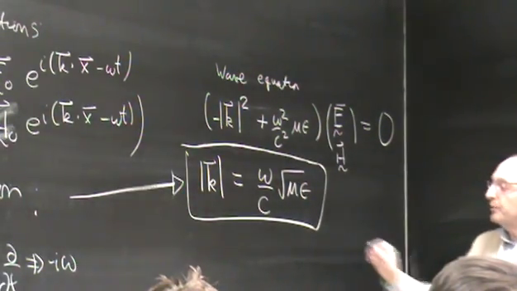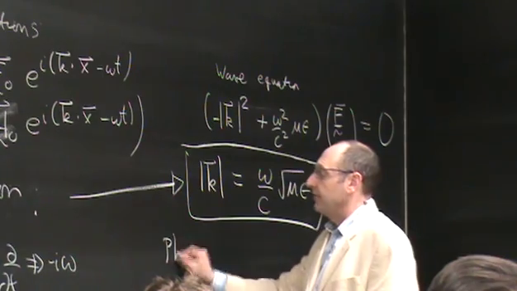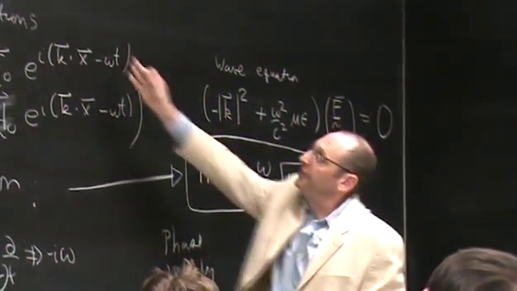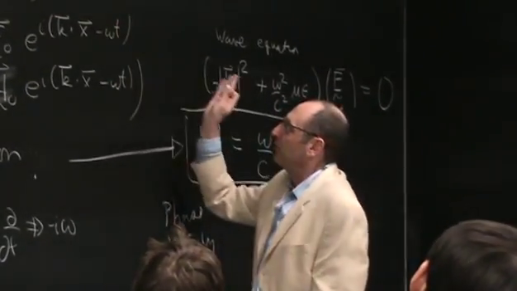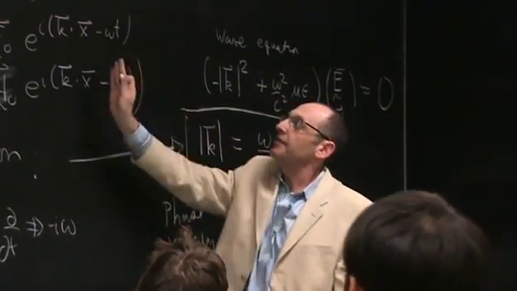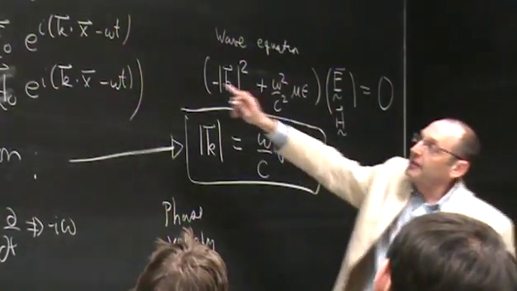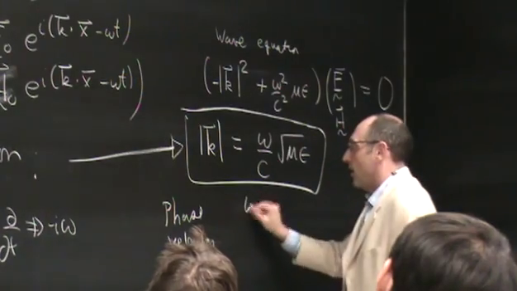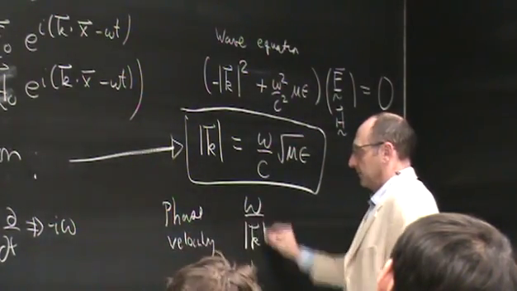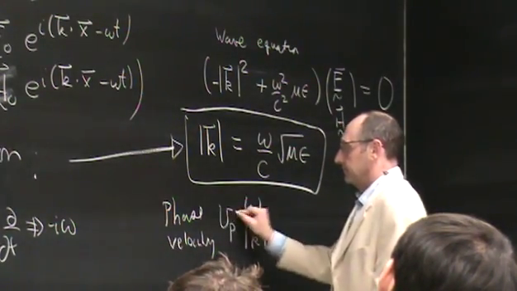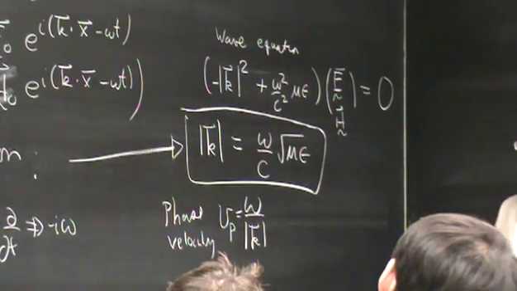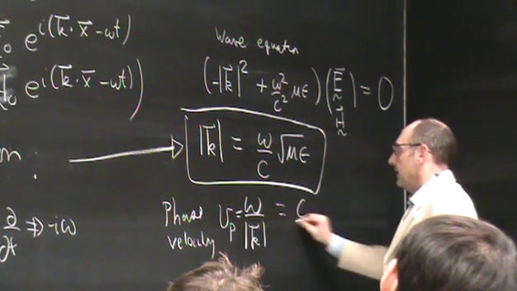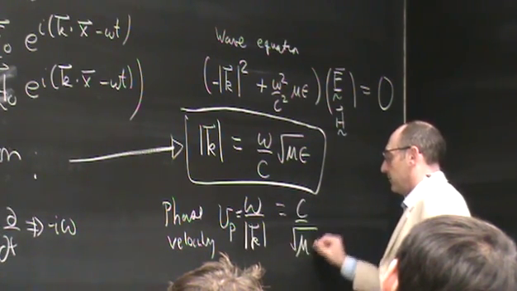Now, of course, you remember that the phase velocity of the wave, the velocity with which a plane of constant phase moves, is always given by omega over the magnitude of k, if we have this form. That's the phase velocity. And that is given by, according to this, c divided by the square root of mu times epsilon.